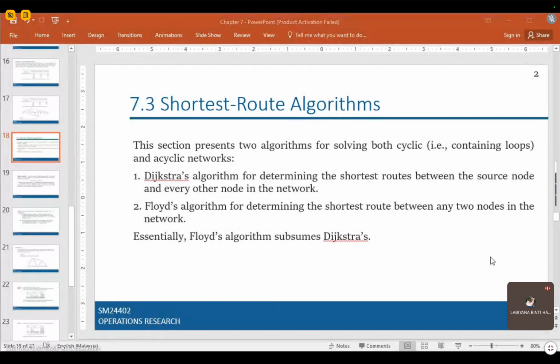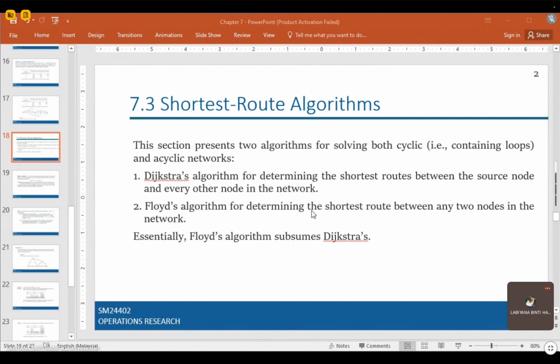If you have any question, don't be shy to ask. Do not hesitate to ask, you can ask me at any time. So the second algorithm is Floyd's algorithm for determining the shortest route between any two nodes in the network.